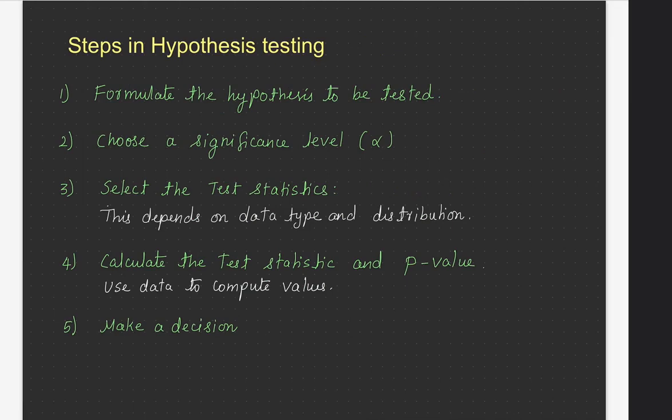The first step is we formulate the hypothesis. We explain step by step later, I will go into detail. The next step is we choose a significance level. What exactly we mean by significance level, we discuss in upcoming sessions. The third step is we select the test statistic. Now it depends on the data type and distribution.